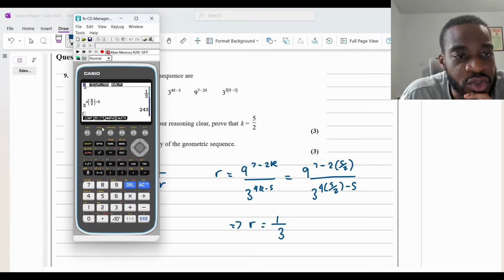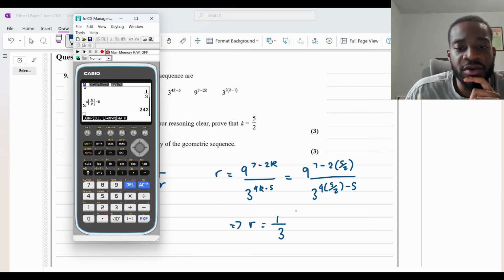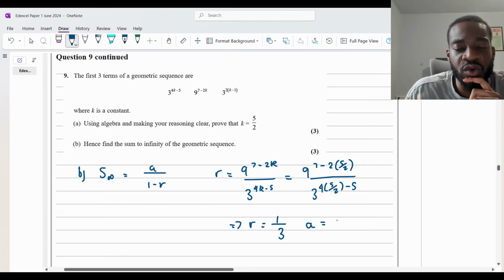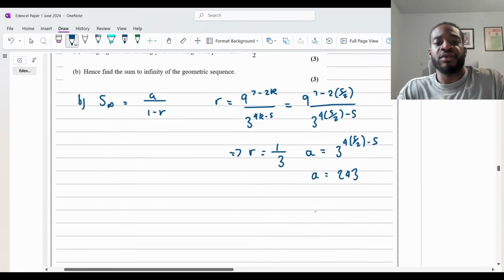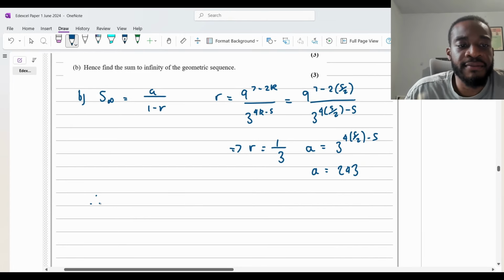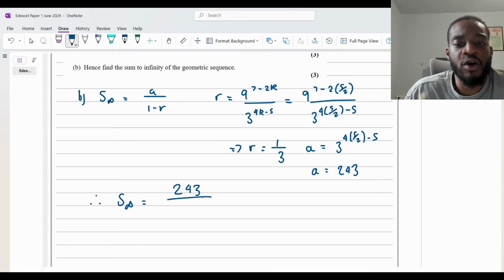That is equal to 243, right? So therefore, I'm going to say A is going to equal 3 to the 4, 5 over 2 minus 5. So A is equal to 243. So therefore, the sum to infinity is going to be A, which is 243, over 1 minus a third, right?